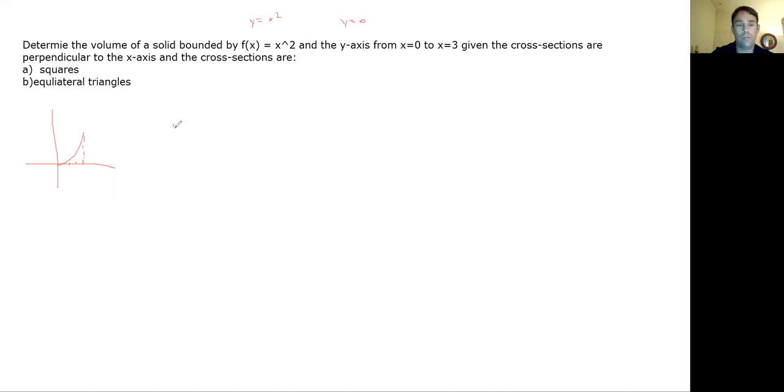Let's start with squares. If you think about a square, the area is the side length squared, or the base squared. There is no constant in front of it, so I'm not going to worry about putting constants in front of my function. So the volume is going to be the greater function, my greater function is the parabola, minus my smaller function, which is 0.